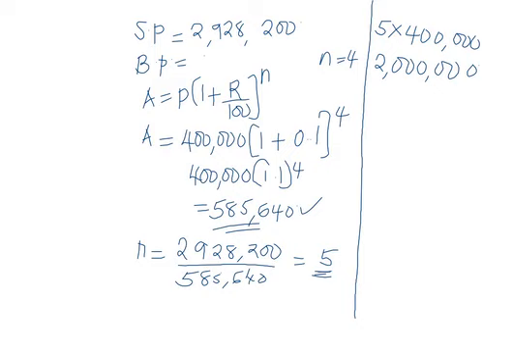Now that we have the buying price and the selling price, we can get the profit, which is given by the selling price minus the buying price.